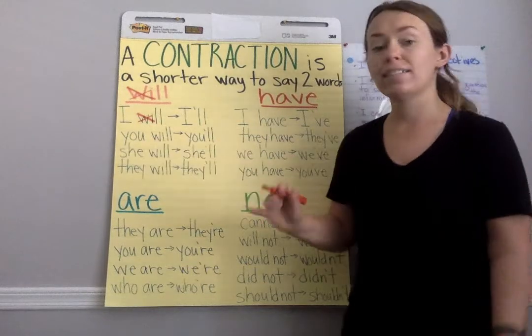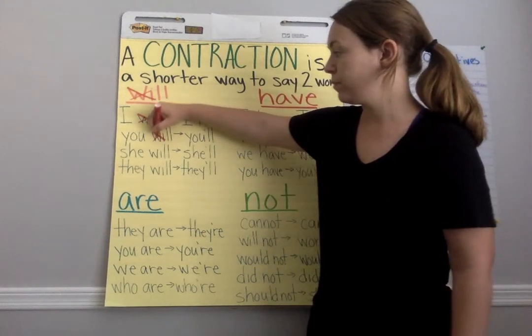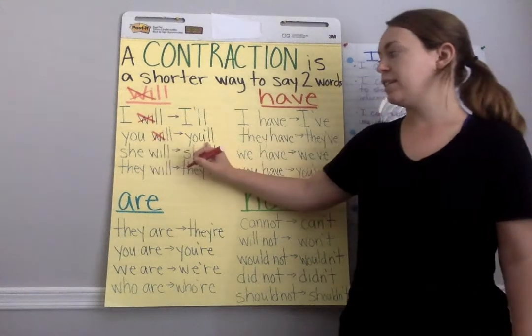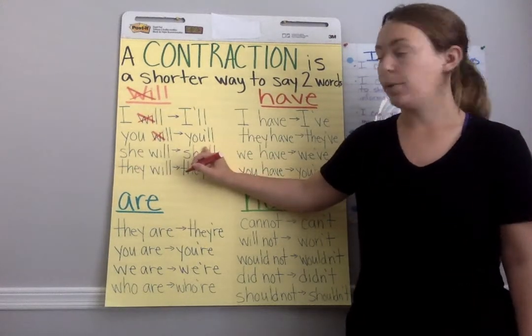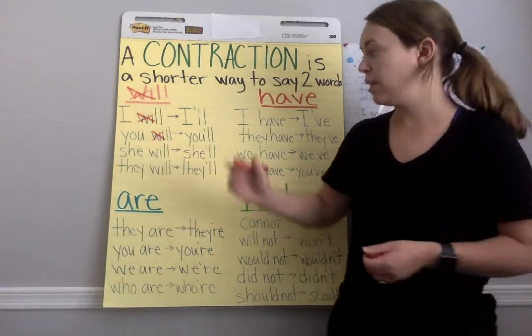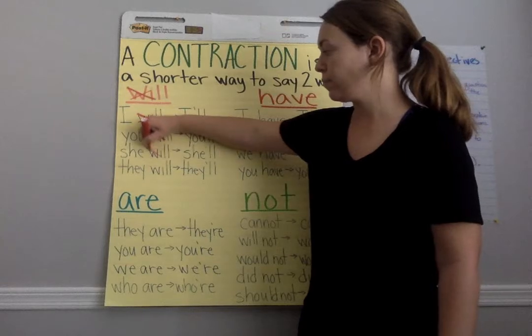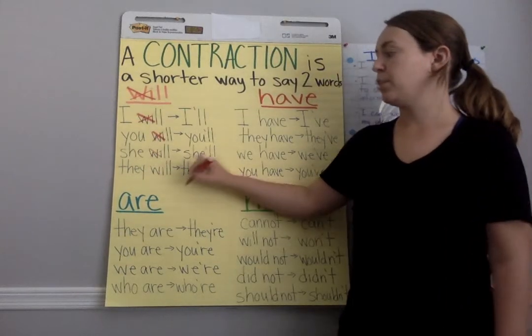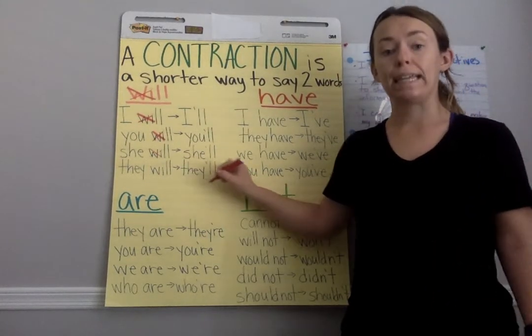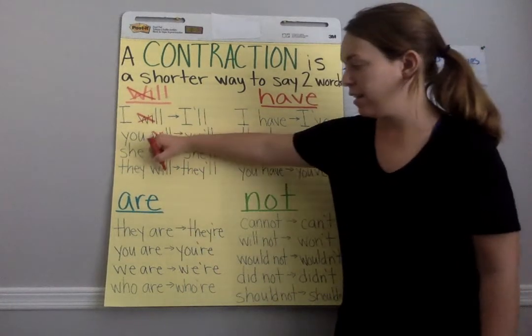For you will, same thing. We're going to cancel out just that W and the I, put an apostrophe in its place, and you'll have you'll, okay? She will or he will, same thing. We're going to cancel out the W and the I and put an apostrophe in the place for she'll or he'll, okay? For they will, same thing.